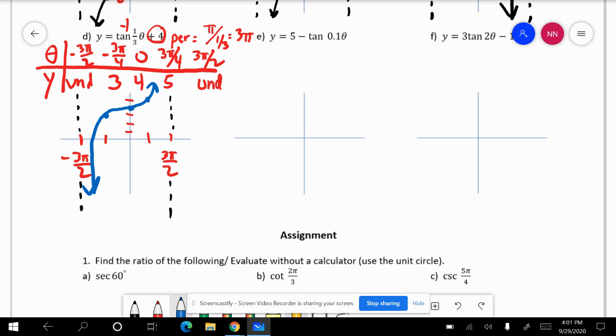Now for the next one, we have a decimal. Remember, 0.1 is the same thing as 1/10. So when we're trying to find the period, we're going to go pi over 1/10. And remember, we multiply by the reciprocal, which would be 10 pi. So that means we're multiplying each of our values by 10.